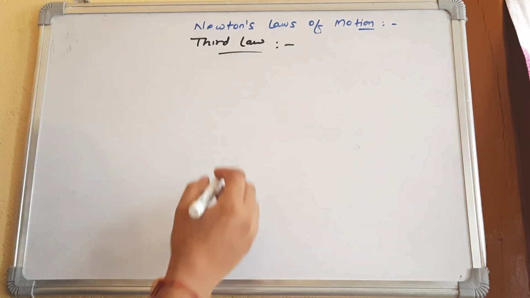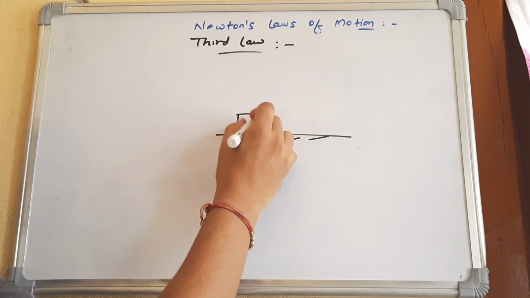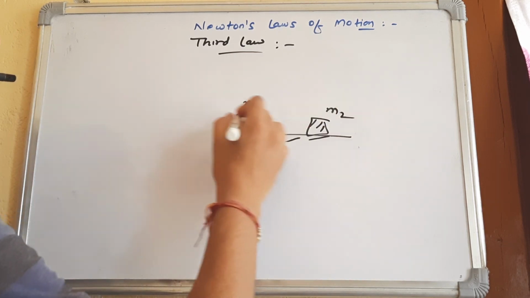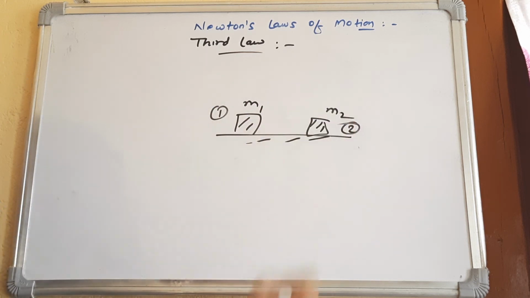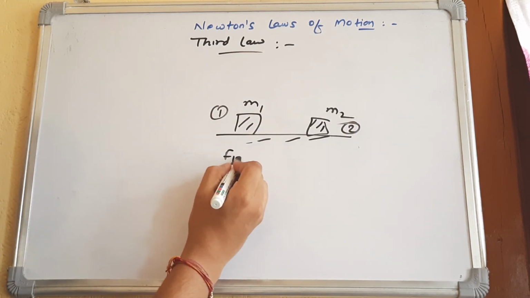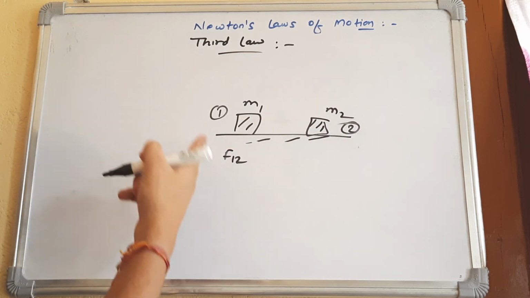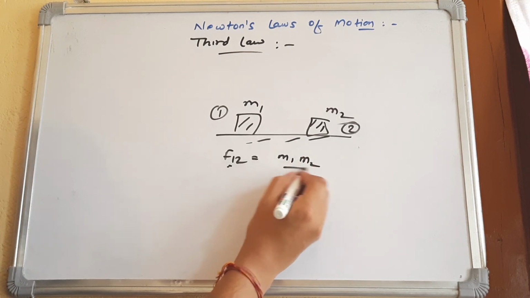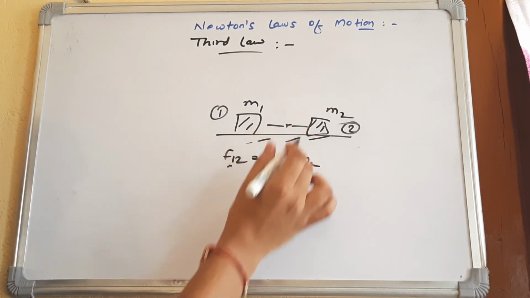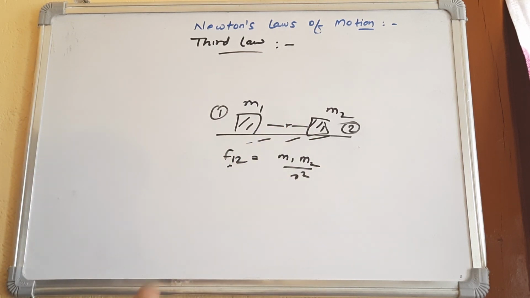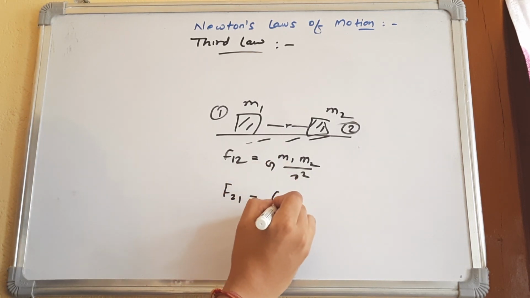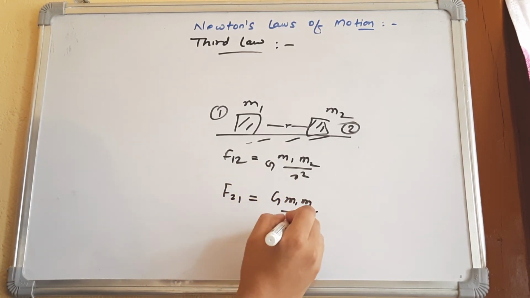Let's say there are two masses existing, m1 and m2. This is 1 and this is 2, right? So force F12 is force on 1 because of 2, which is, let's say, gravitational force. This is G m1 m2 by r square, where this is r. And again, force on 2 because of 1 will be again G m1 m2 by r square.